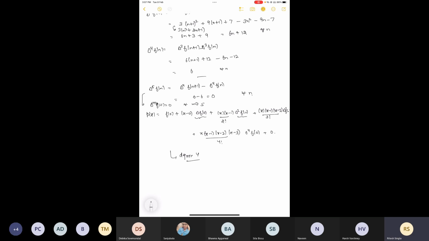Do I need to solve further here, or do I need to solve more, or is it clear now? No, sir, we just need to substitute the values.